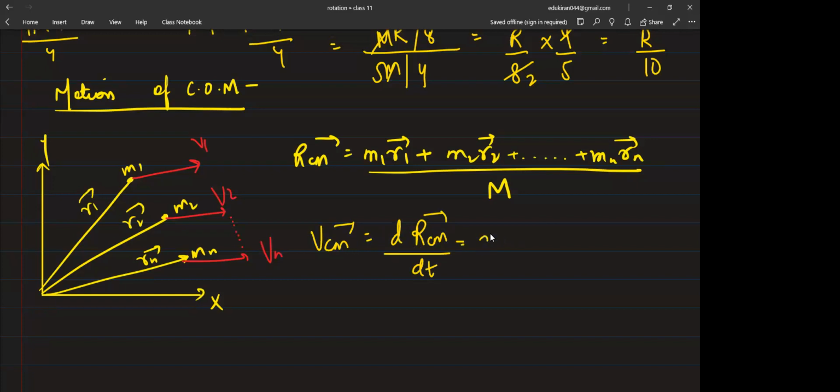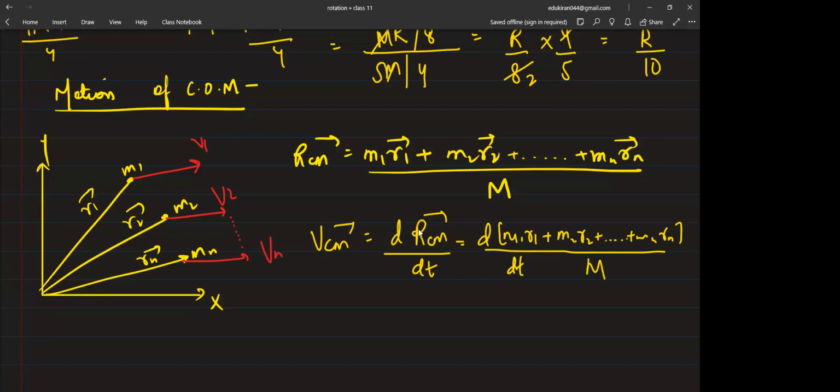over dt. So this is d over dt of m1 r1 plus m2 r2 up till mn rn, and this has total mass m also, right?